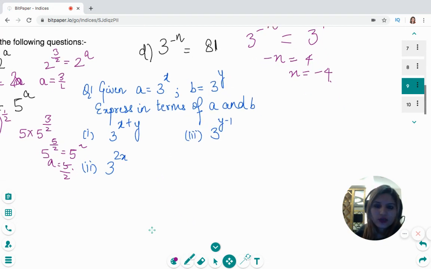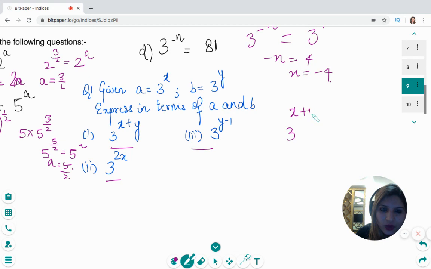Now let's try this question. You have been given a is 3 to the power x and b is 3 to the power 5. You have to write these values in terms of a and b. Looks complicated? Very easy. Let's see. Now you have 3 to the power x plus y. Powers get added when the bases are the same and they are multiplied.